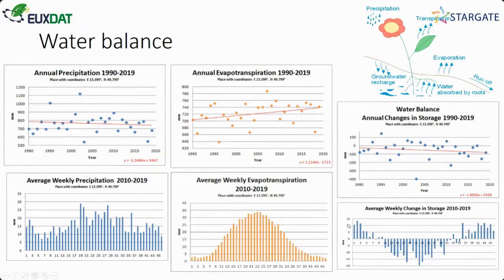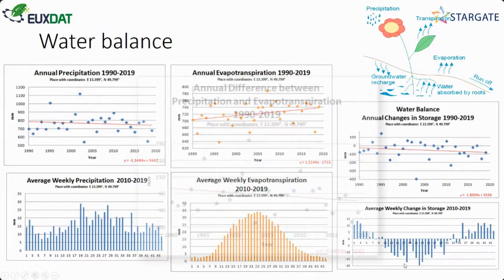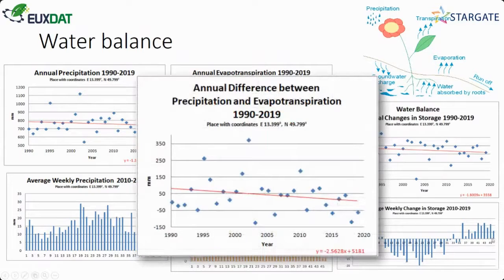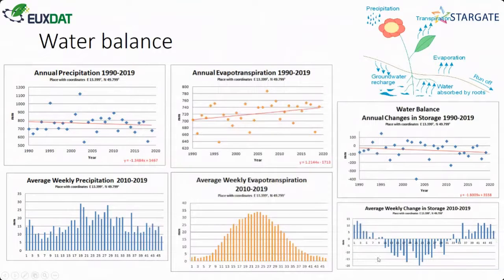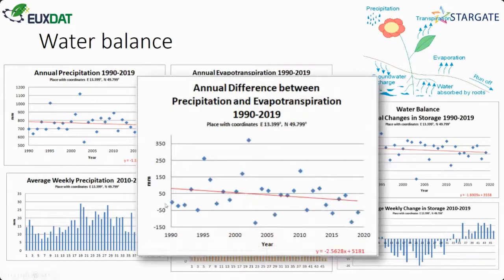So you can see that during the spring you get the accumulation, then there is the dry season, and again you get some accumulation. So this is very important for the operations. But again, if you look at the trend, there is maybe an alarming trend here, because the water balance is decreasing in this area.